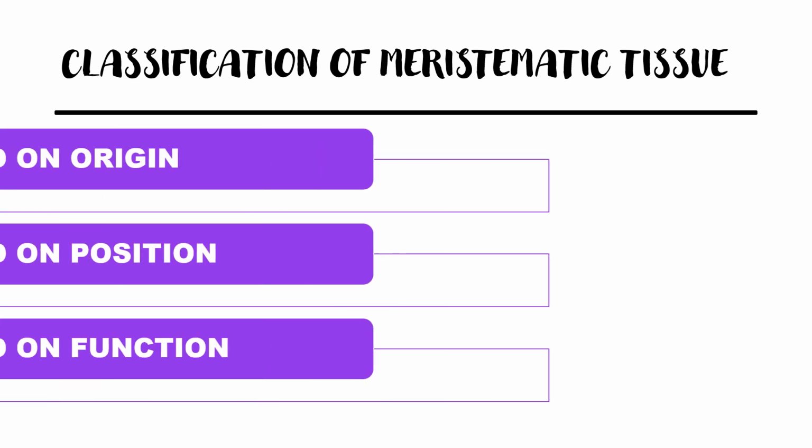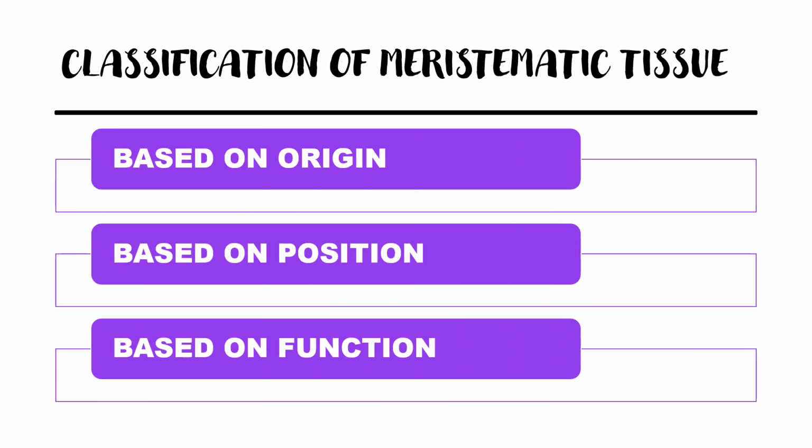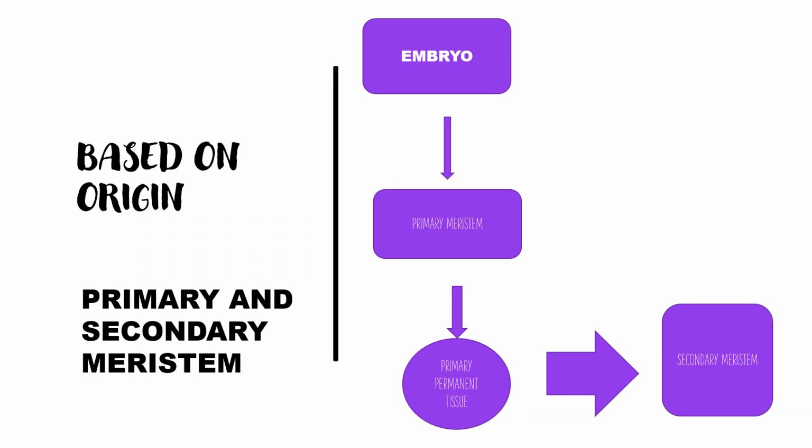Now we'll read about the classification of meristematic tissue. Meristematic tissue can be classified based on their origin, based on their position, and based on function or differentiation. Now, based on origin, meristematic tissue is divided into primary meristem and secondary meristem.